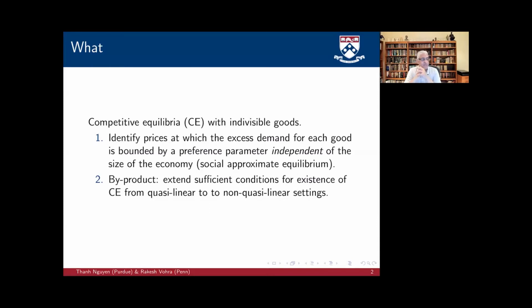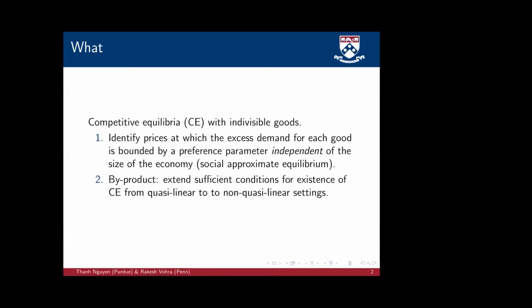What is this paper about? It's about competitive equilibria with indivisible goods. And so let me quickly summarize the two main results that we have so that they don't get lost in the details. As all of you will know, when you have indivisible goods, competitive equilibria are no longer guaranteed to exist.